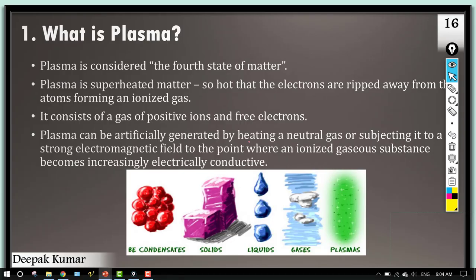So the ionosphere is completely filled with plasma. Similarly, at the core of the sun, the state of the material is plasma. We find many such examples in our natural environment. That plasma is used in welding.